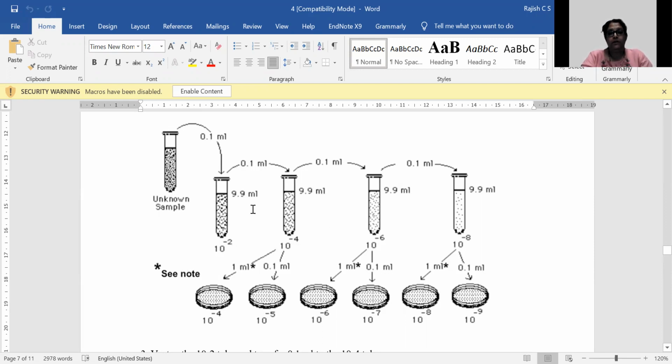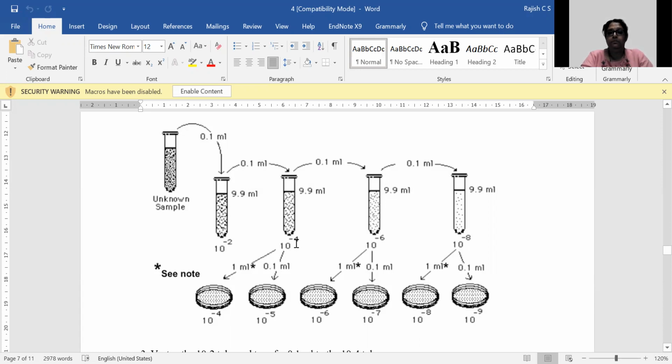Now, from the 10 power minus 2 dilution, you mix it well, vortex it or invert it enough times, and pipette it very well so that it gets mixed completely. And from that, you are taking 0.1 ml and adding it to another 9.9 ml of saline.